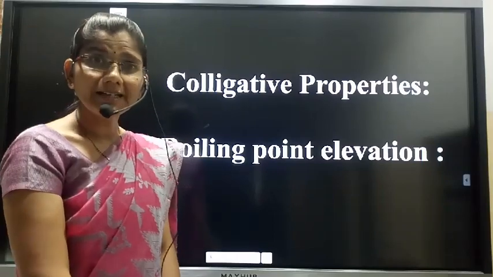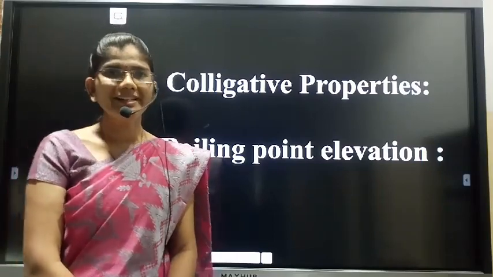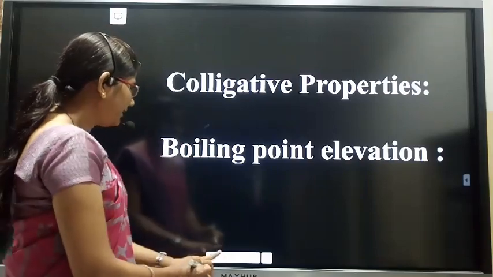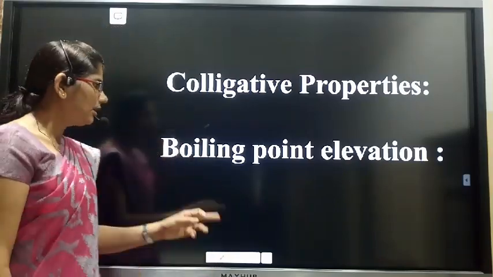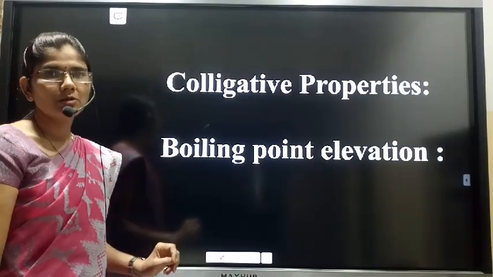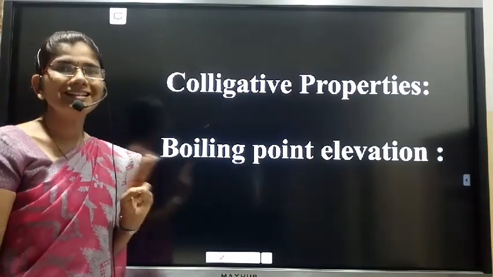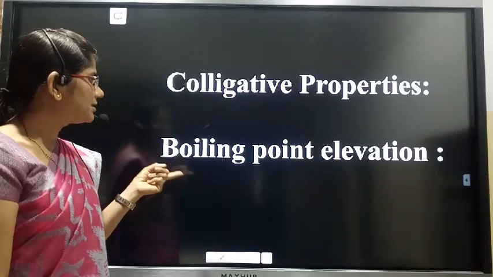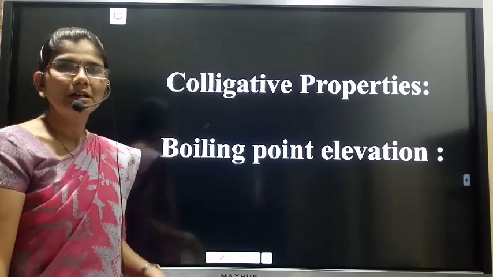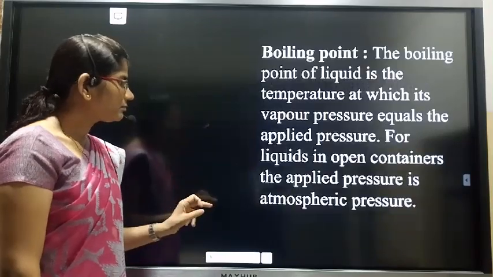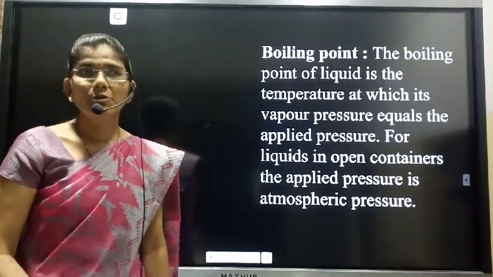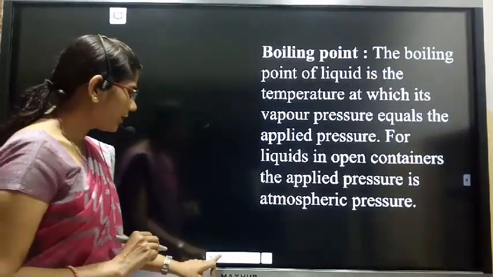So let us start with the second colligative property, boiling point elevation, or elevation in boiling point. Before starting it, first of all we have to define what is meant by boiling point.